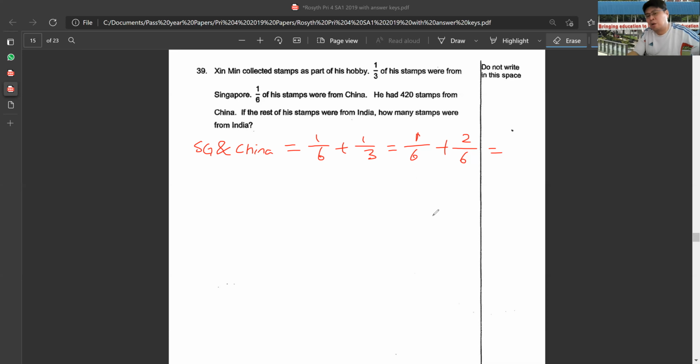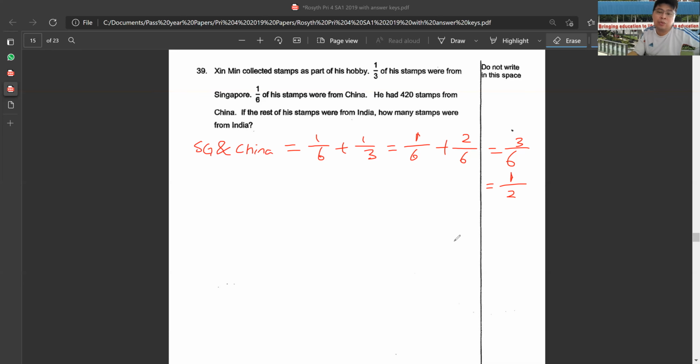1/6 plus 2/6 equals 3/6. 3/6 in lowest term is 1/2.